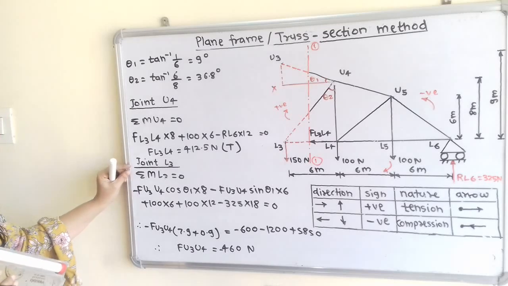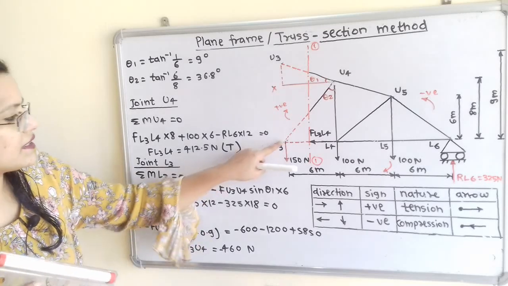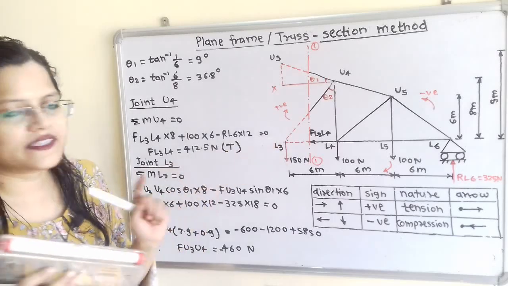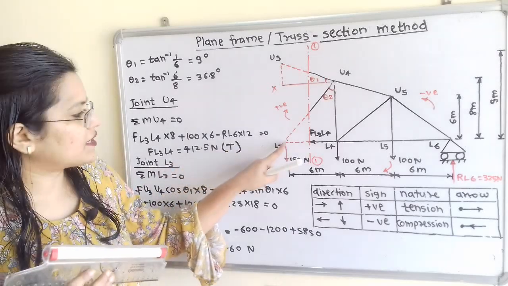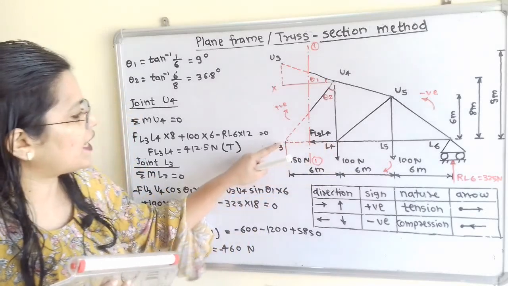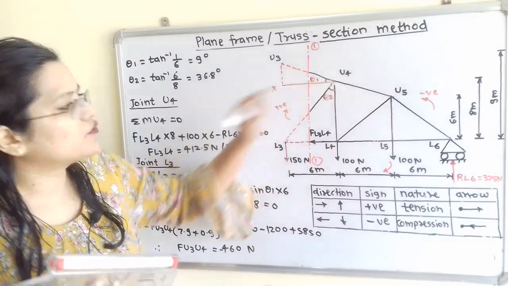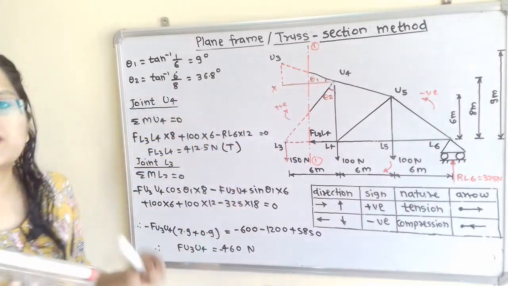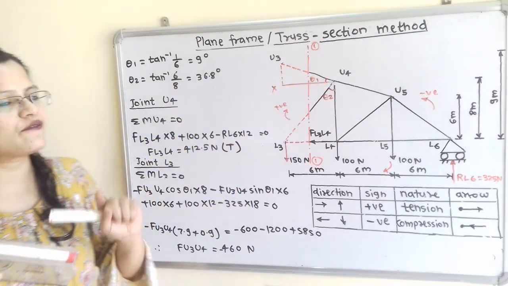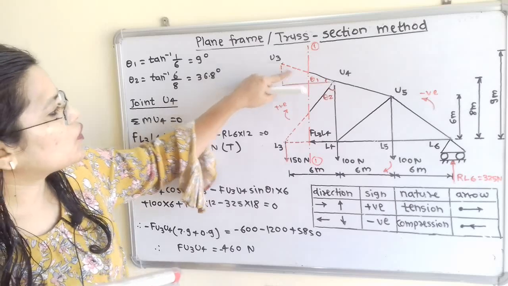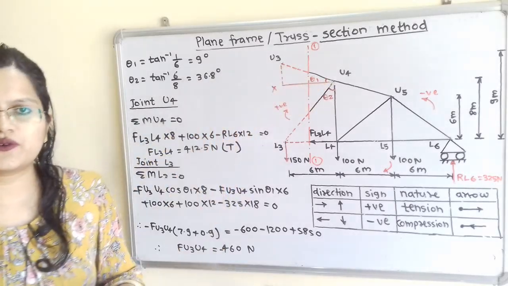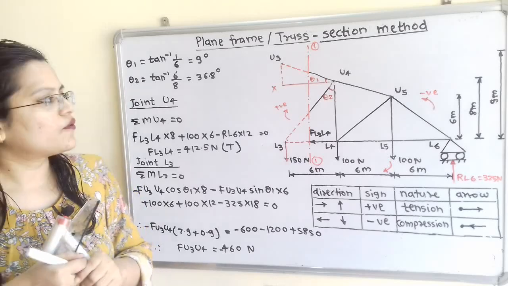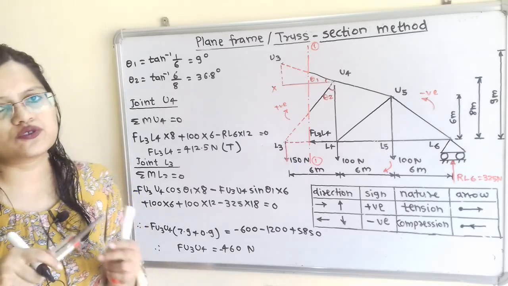Next we will consider the joint L3. From L3 there are two members passing, the member L3L4 as well as member L3U4. One member, U3U4, is not passing, and we have to find the unknown force in U3U4. Now U3U4 is the inclined force, so we have to resolve it into two components.